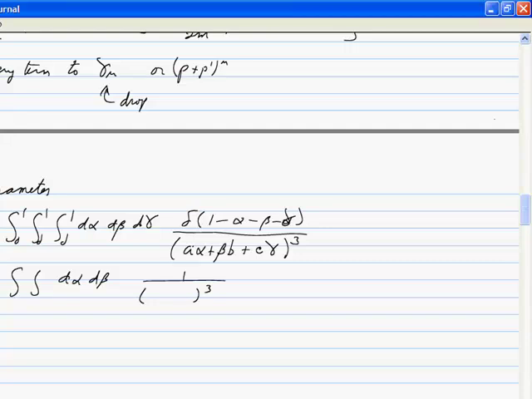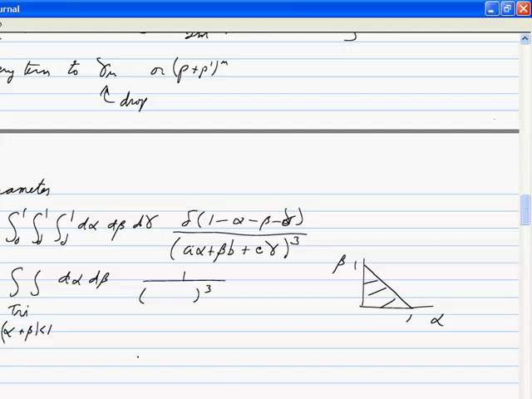So as long as alpha plus beta sum to less than 1, then this delta function can be satisfied. So we have to keep alpha plus beta less than 1, so the region here, if this is alpha beta parameter space, is that triangle there, 1 to 1. So we integrate over the triangle, which is alpha plus beta less than 1.